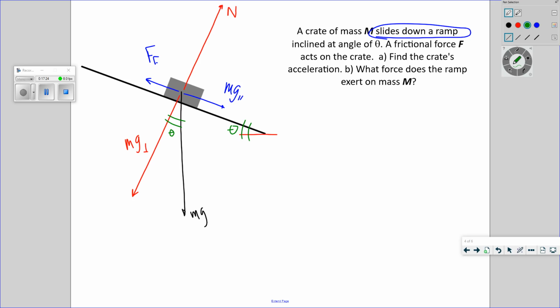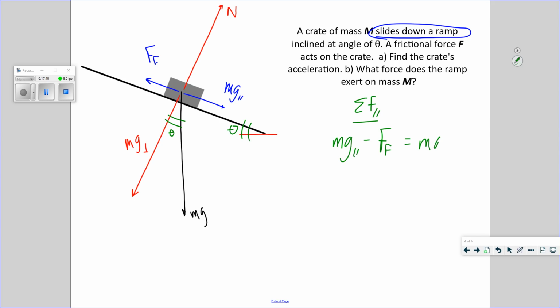So I'm writing net F parallel, because if it's going to accelerate, it's going to be parallel to the incline. So arbitrarily, I'm going to say mg parallel minus the friction force is m a parallel. I have defined this way to be the positive direction because I can.